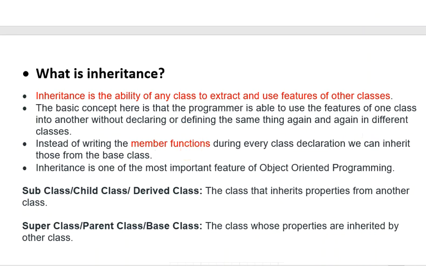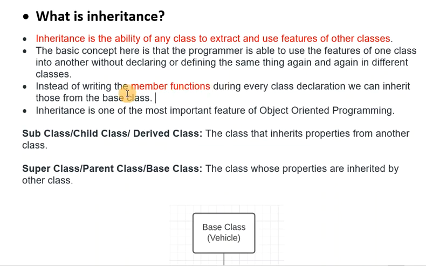Now, instead of writing the member functions during every class declaration, we can inherit those from the base class. Now what is this base class? A new term comes up here, and the question again is what the base class is.